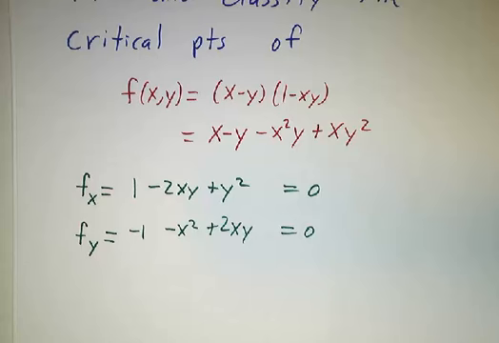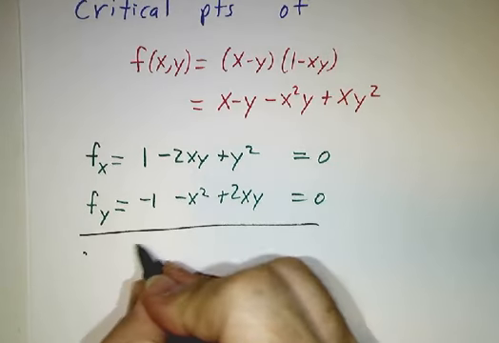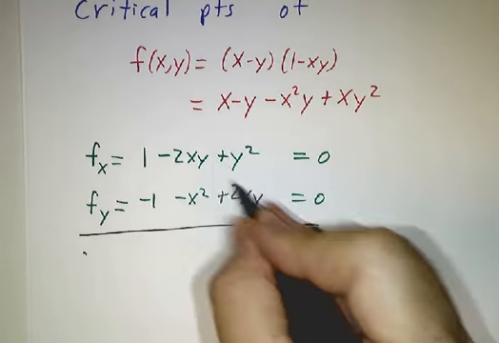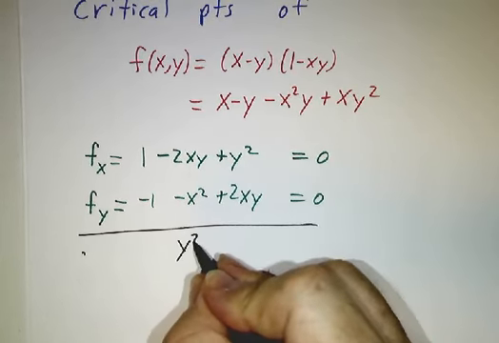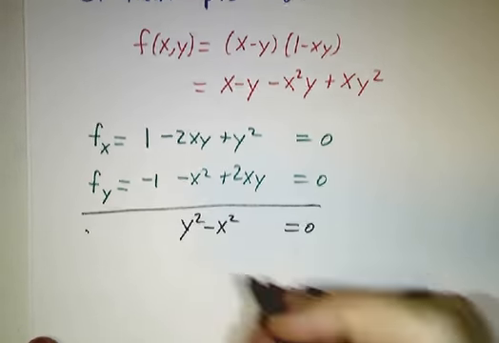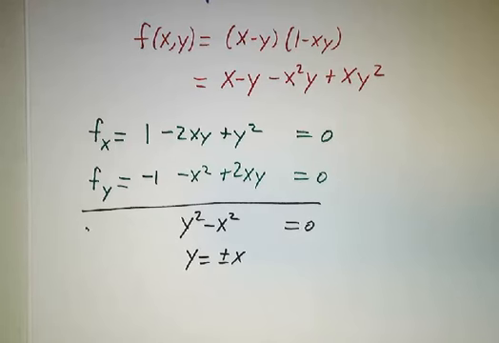And now we have to go about solving these equations. If you take the sum of the two equations, these cancel, and these cancel, and you get y squared minus x squared equals 0. So that means that y is either x or minus x. Let's see which ones work.